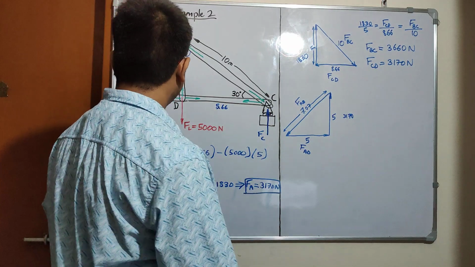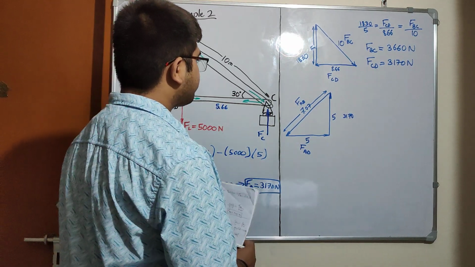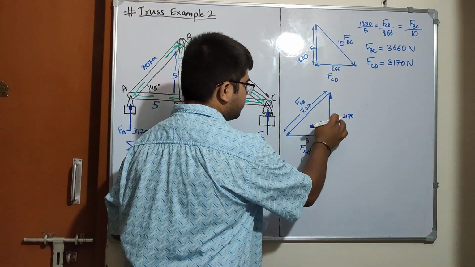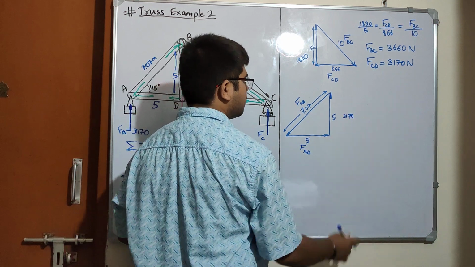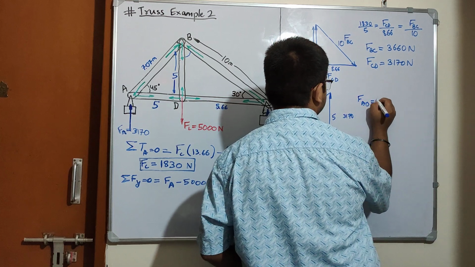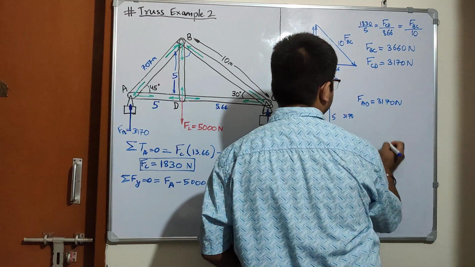Now we know one of these values. Because these two sides are the same, this is 5, this is 5, so FAD will be equal to this. So FAD equals 3170 newtons.